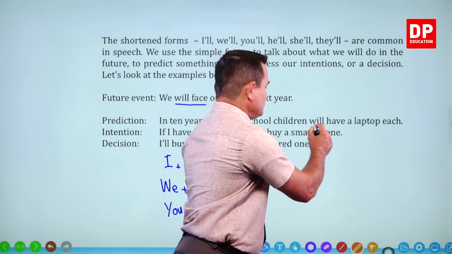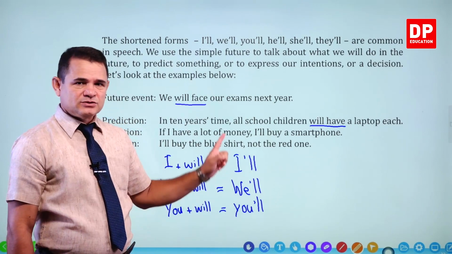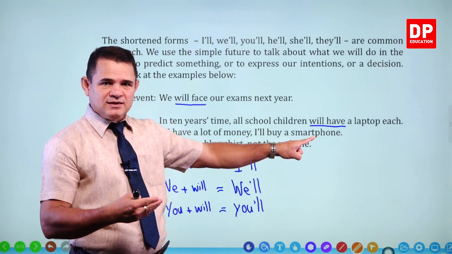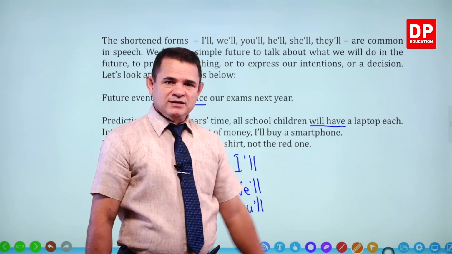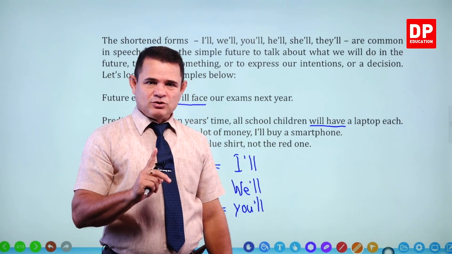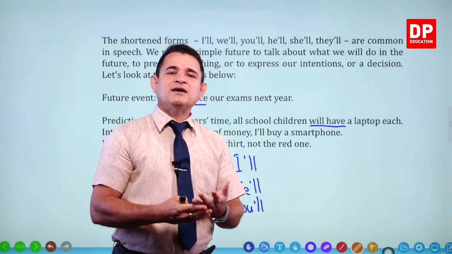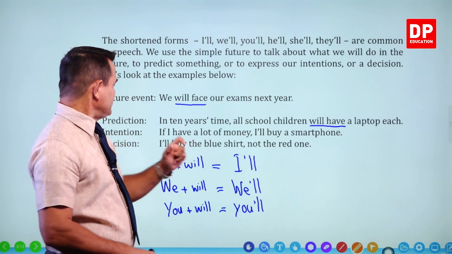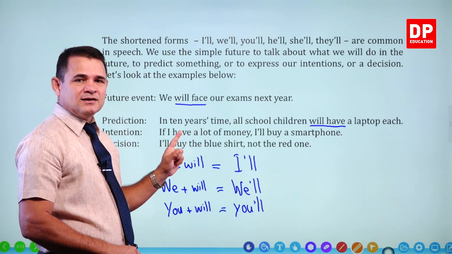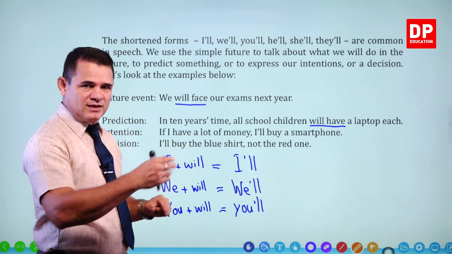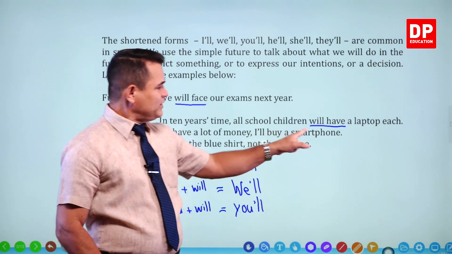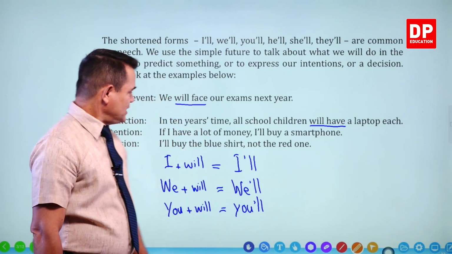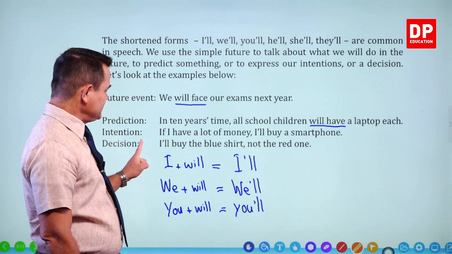Will have. ඉස්කෝලේ හැම ළමයෙකුටම will have තියේවි a laptop each. laptop එකක් හැම ළමයෙකුටම laptop එකක් තියේවි. තව වසර 10කින්. ඒ අනාගතේ වෙනවයි කියලා predict කරනවා. Right? මෙන්න මෙහෙම වෙයි කියලා. So you will have. That is also future.